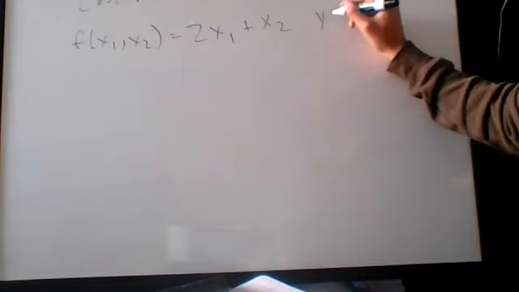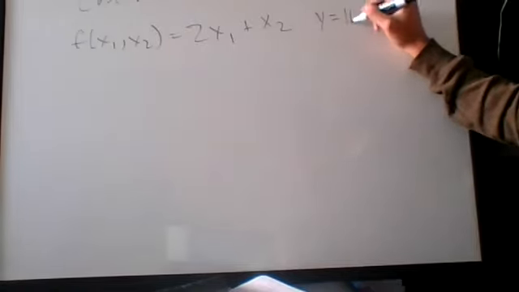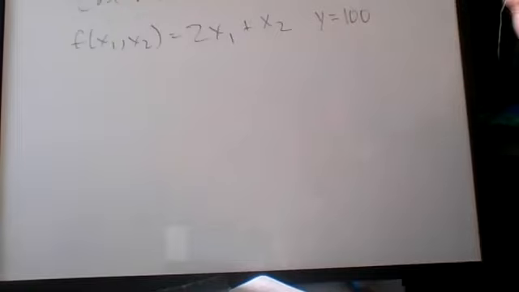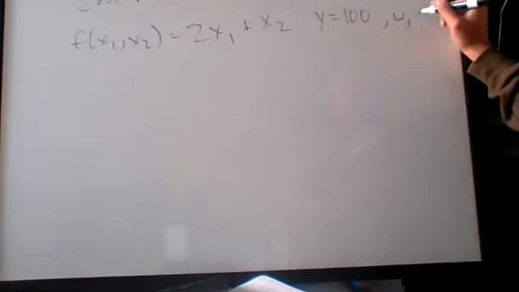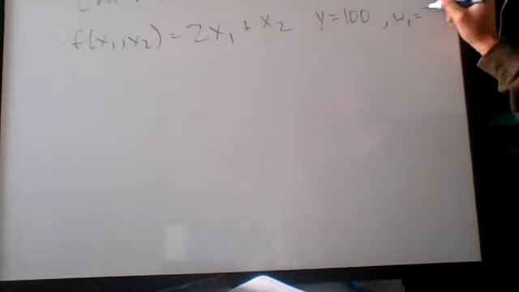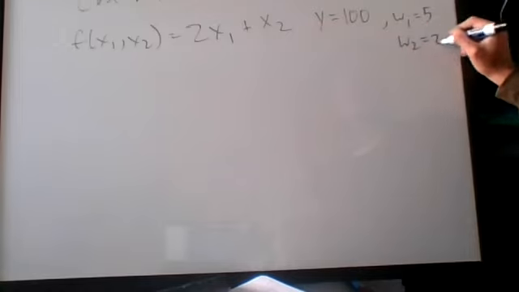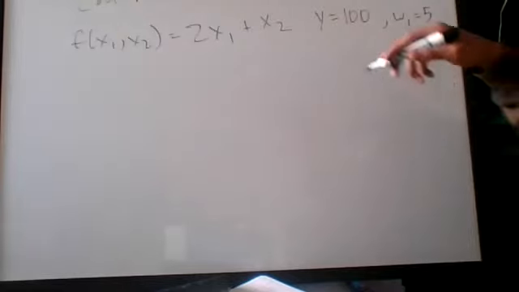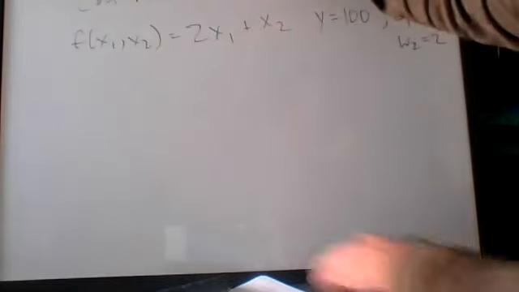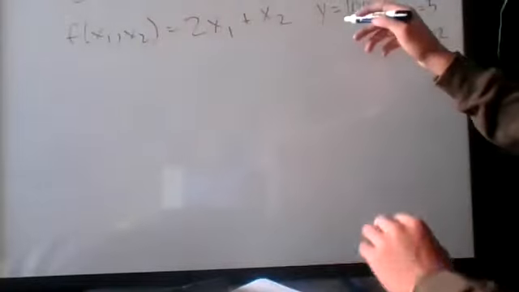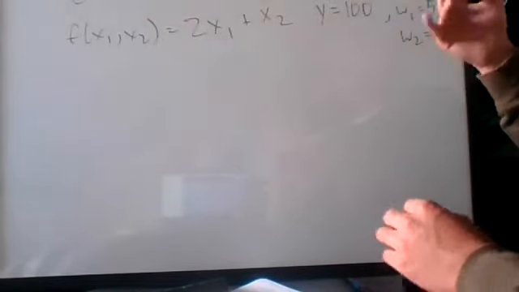And we say that y is, let's say, 100 again, right? And we have that w1 is equal to 5 and w2 is equal to 2, right? We want to see what is the cost minimizing way of producing 100 units, right?